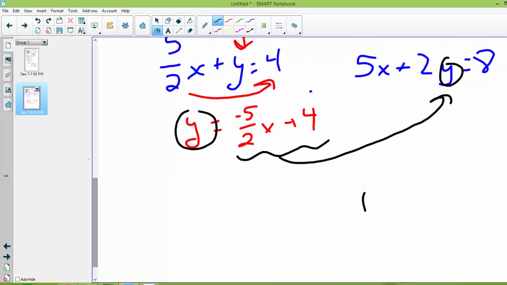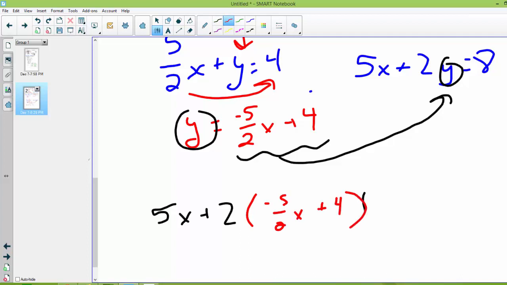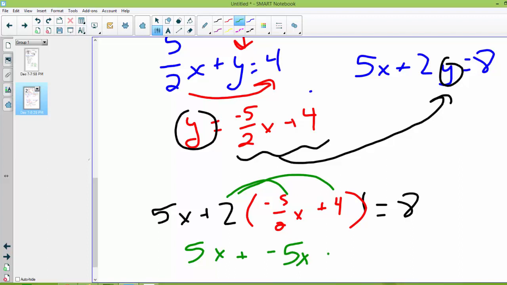So 5x plus 2, and then instead of y, you now have negative 5/2 x plus 4 equals 8. So you're going to distribute this too. So 5x plus negative 5x, because the 2's cancel, plus 8 equals 8.